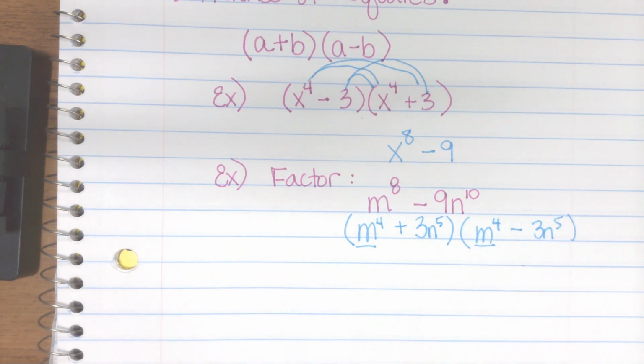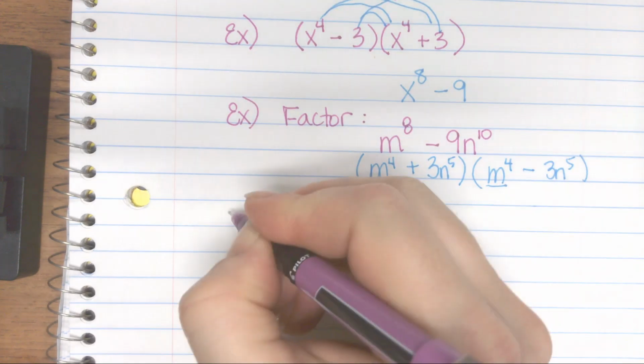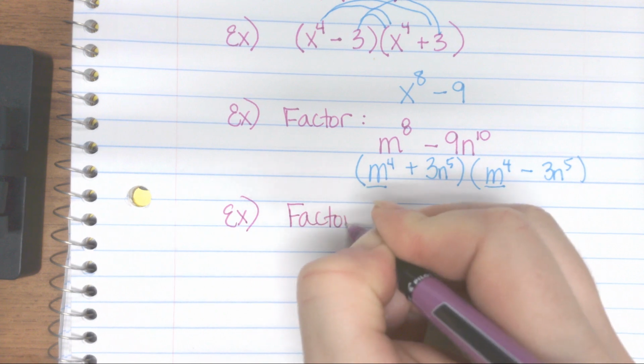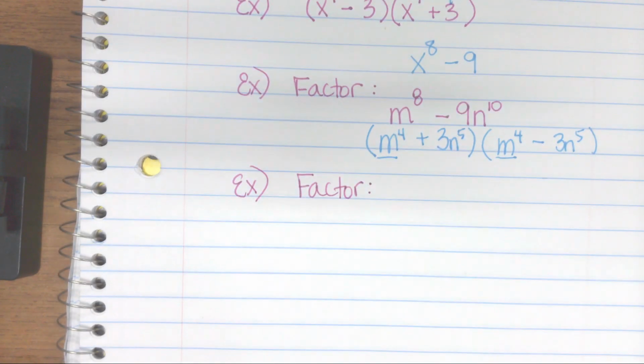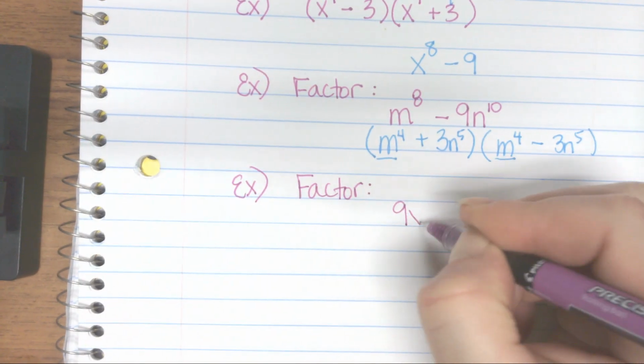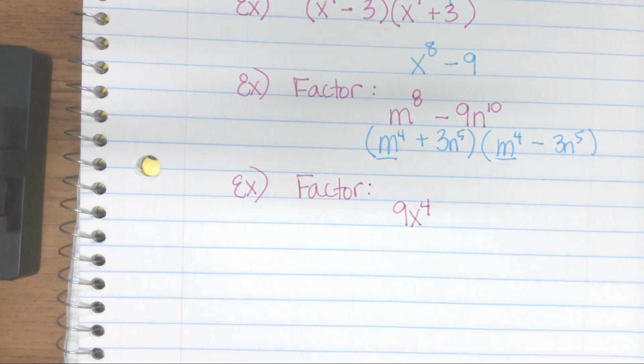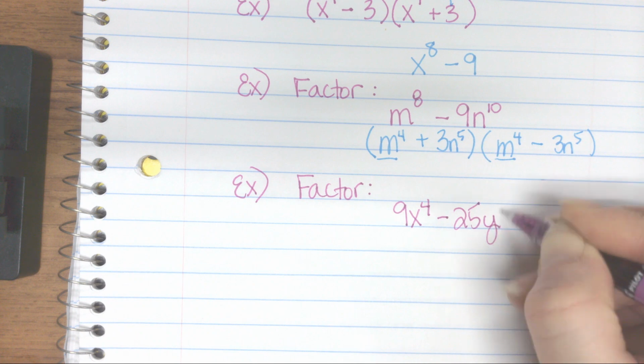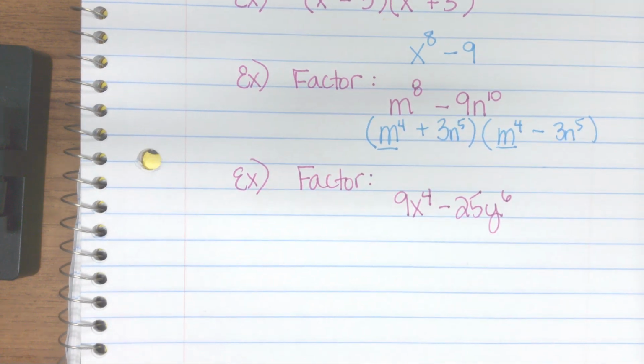All right, try another one. You guys try this one now. What if I asked you to go backwards? I'll call it factor. 9x to the 4th minus 25y to the 6th. All right, try to do it and then compare with somebody around you.